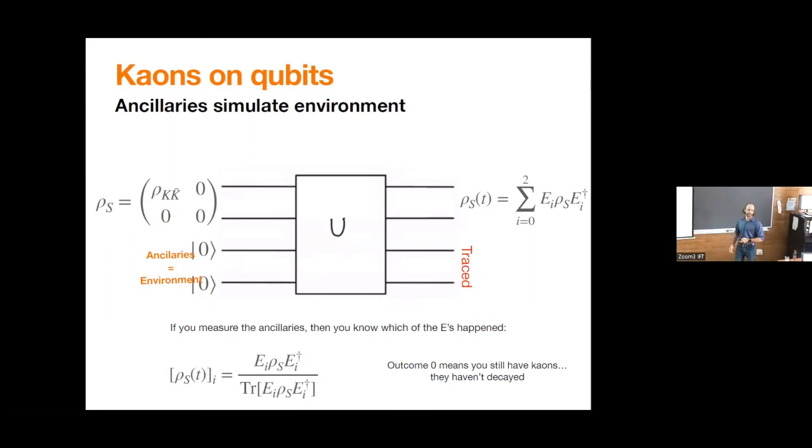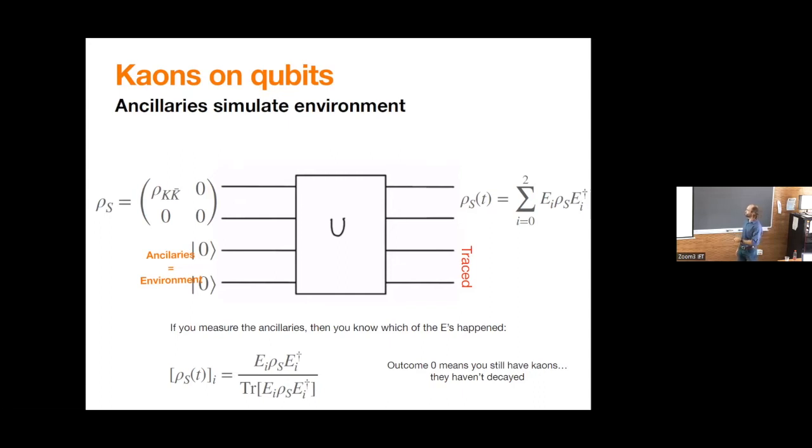So what does our kaon circuit look like? I have 2 qubits to describe the KK bar and the vacuum state. That's 4 states, but I just have a padded 0 at the end of the array, okay? Here's my environment. So this is 2 of what we would call ancillary qubits.